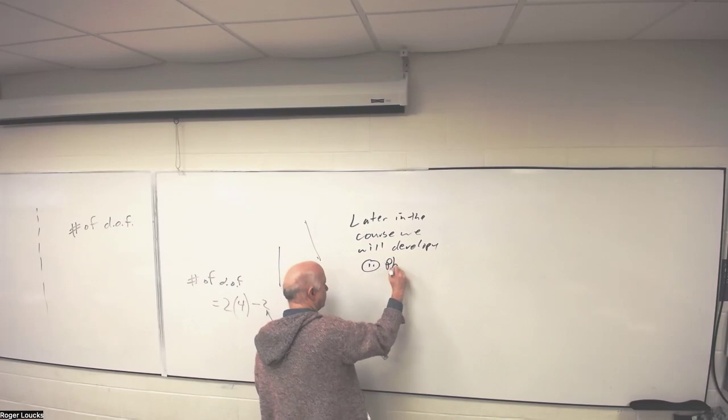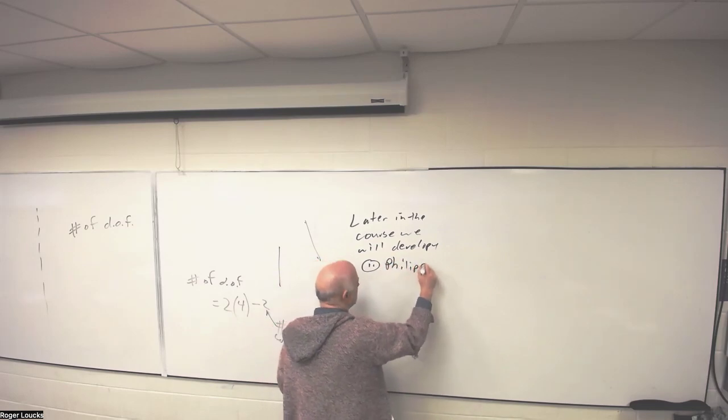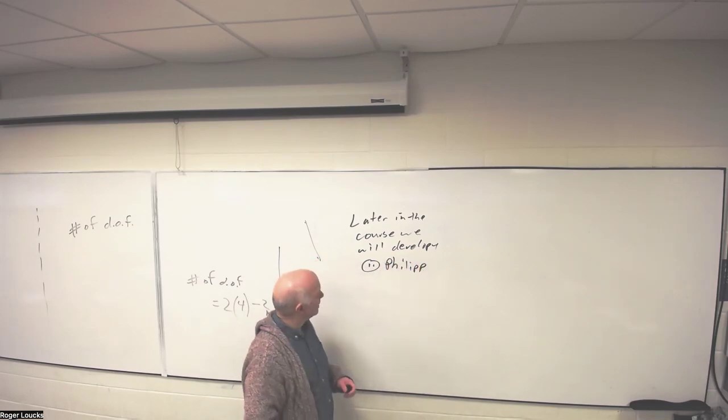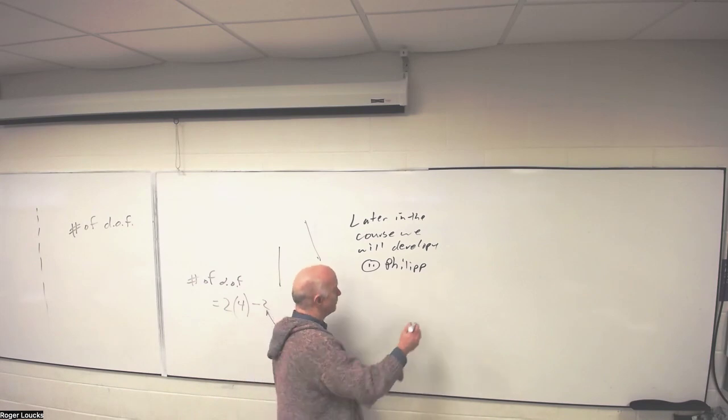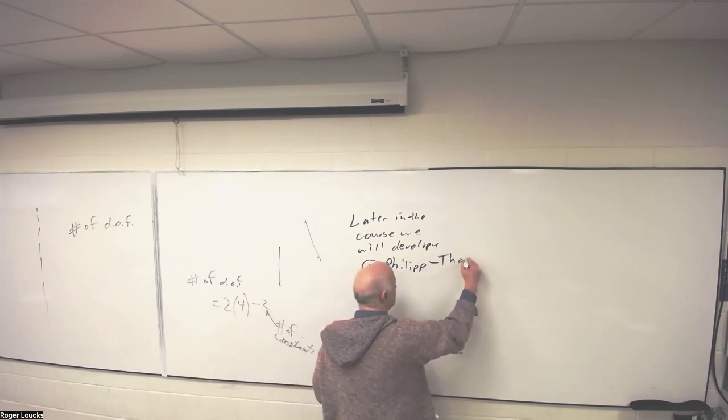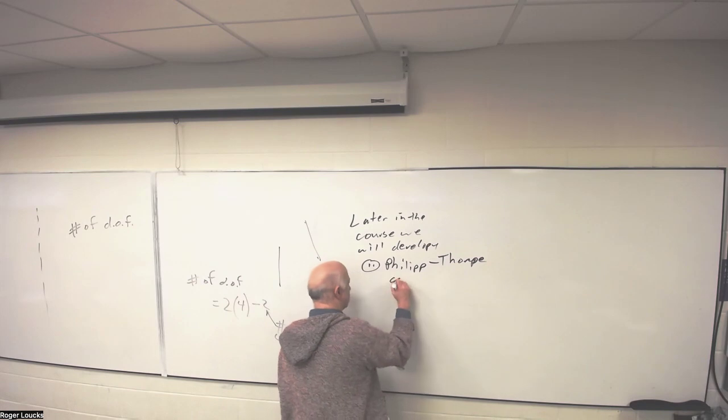Phillips constraint. He has stuff doubled in his name, and I don't honestly know what gets doubled in his name. Maybe the L, maybe the P's. It's something like this. Double every letter. Phillips-Thorpe constraint theory.